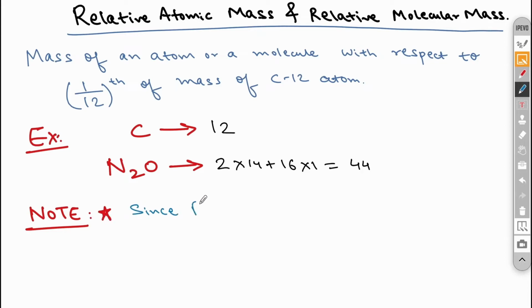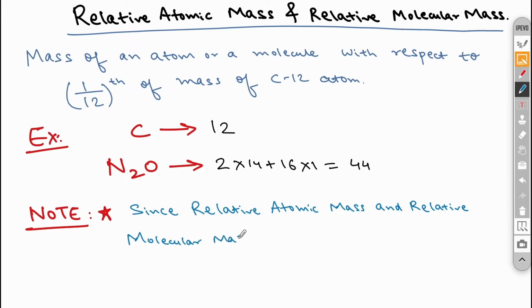Also, we'll write a note here that since relative atomic mass and relative molecular mass are relative terms. Why are they relative? Because in the definition itself we can see we use the words "with respect to," right?